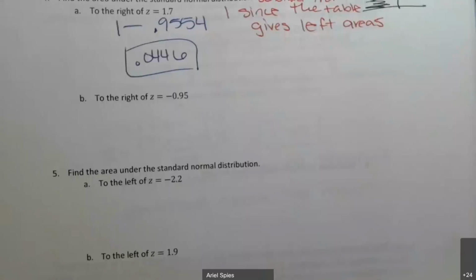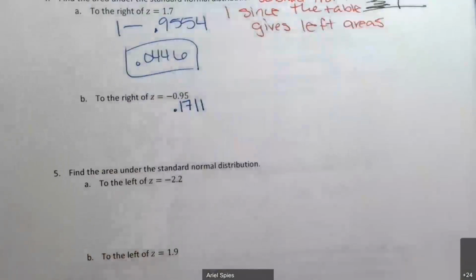Okay. So same thing for B. I want to go look this up on the table on the page before. So when I look up the z-score for negative 0.95, the area on the chart is 0.1711.